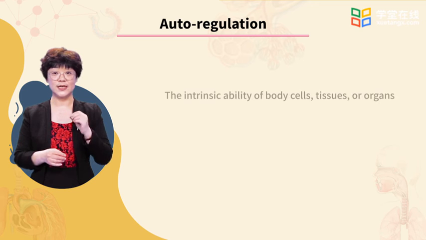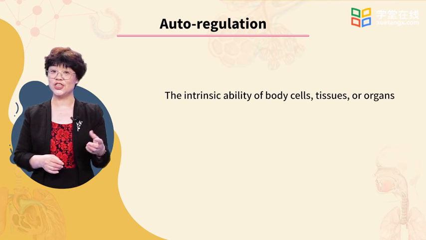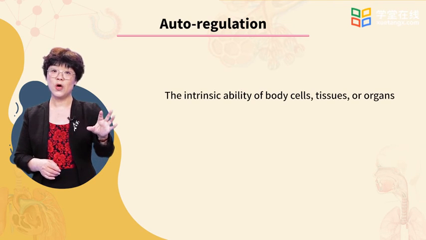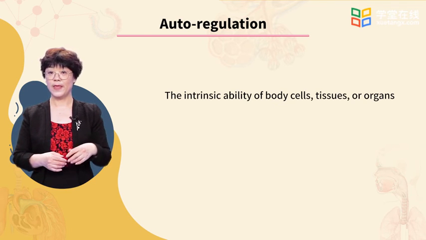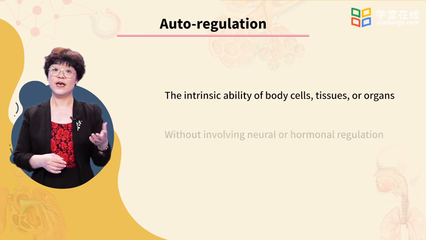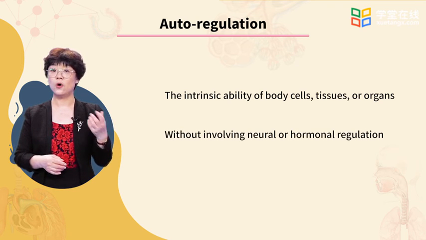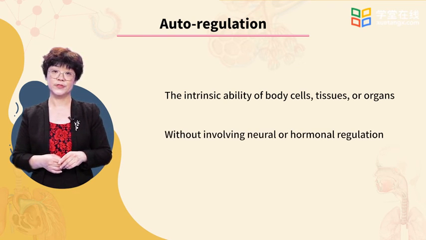Autoregulation is the intrinsic ability of body cells, tissues, and organs to respond to changes in the internal and external environment. Autoregulation occurs without involving neural or hormonal regulation. For example, renal blood flow is auto-regulated over a wide range of mean arterial pressures.